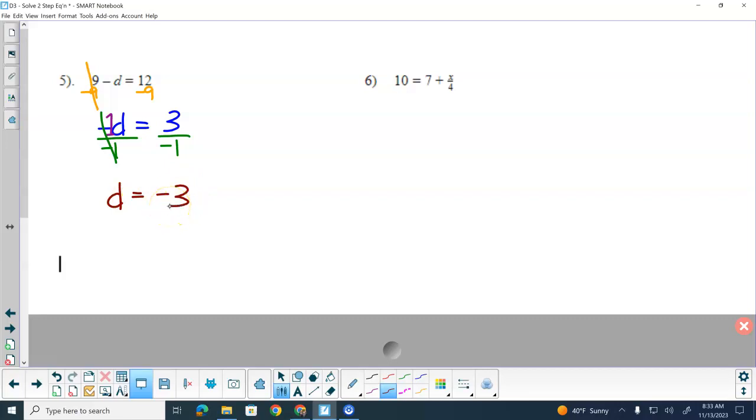Now again, if you tried positive 3 back into your equation, you would have gotten the wrong answer if we would have checked it. Okay? Because 9 minus positive 3 is 6, and 6 is not equal to 12.